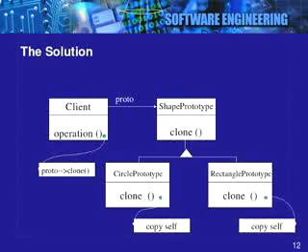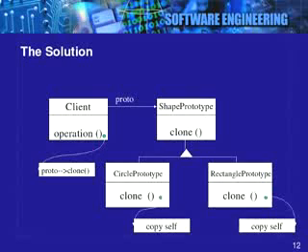Now through this link and through polymorphism you can point to any of these instances of the subclasses and ask for a clone of it. The client code does not need to be aware of the exact type of the object, whether it's a rectangle or a circle, when it's asking for a clone.